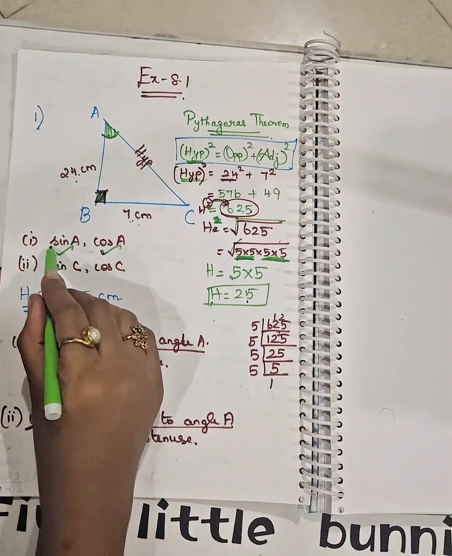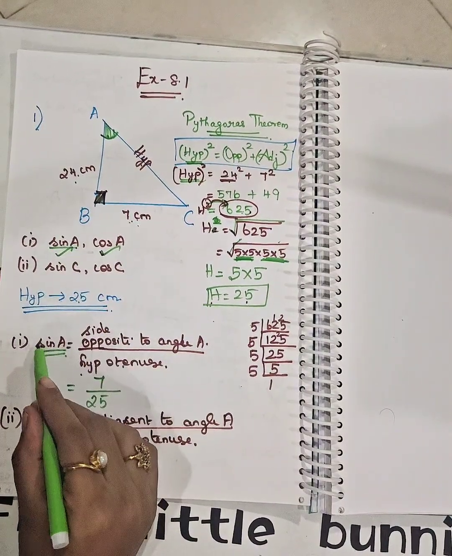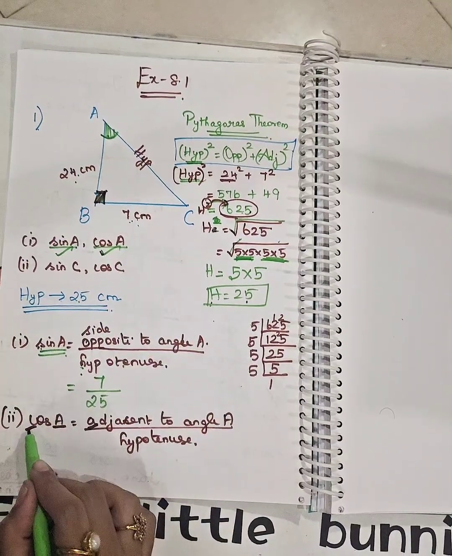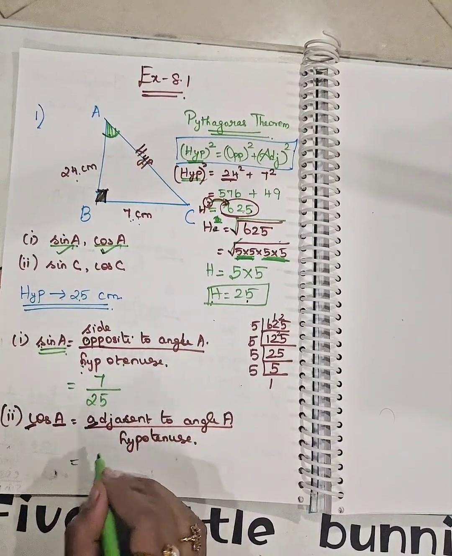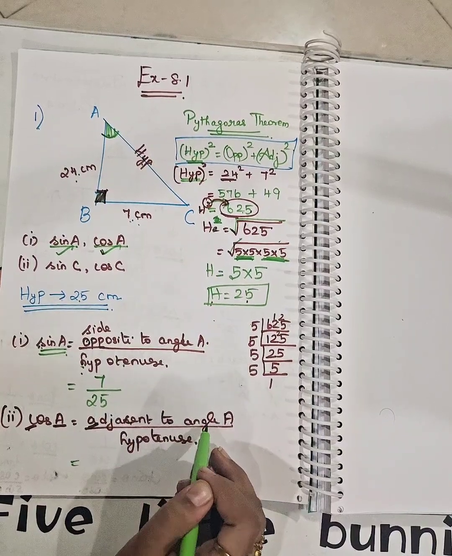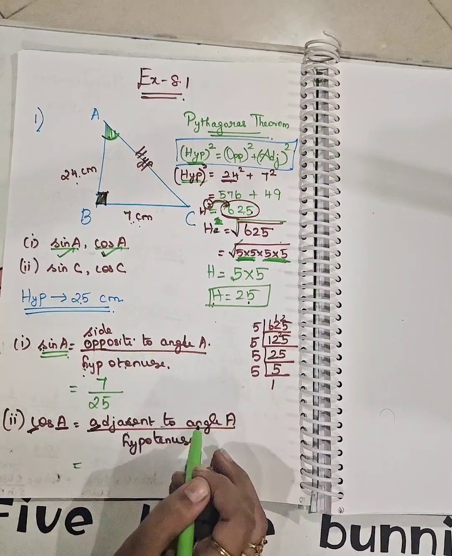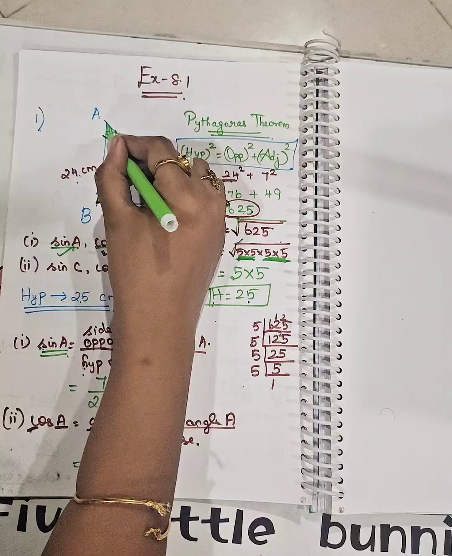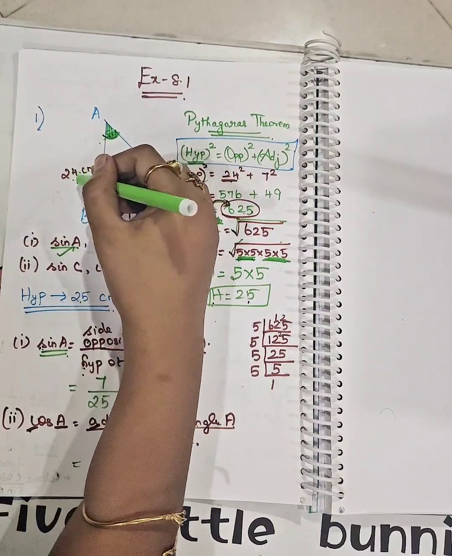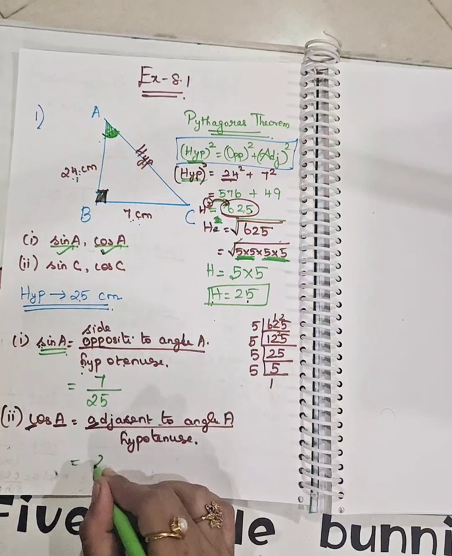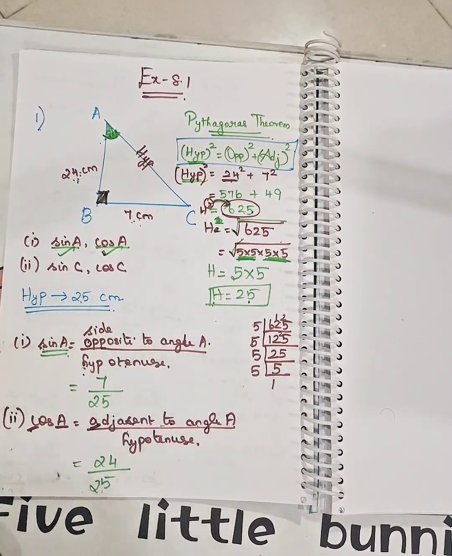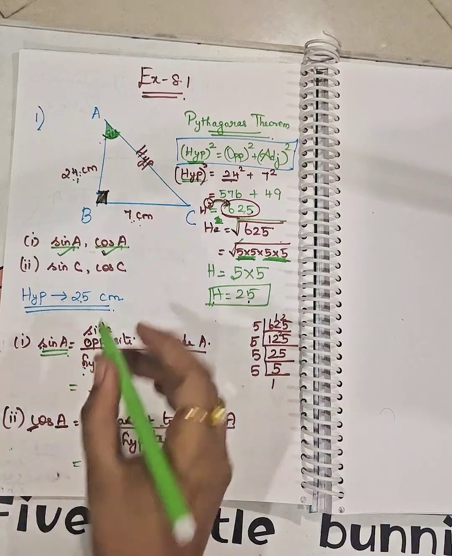If they ask sin A, use the sine formula, SOH. Cos A means the cos formula, CAH. So which side is adjacent to angle A? Angle A is here, and adjacent to it is 24, right? So 24 by hypotenuse 25. Very, very simple. So this is the first division.